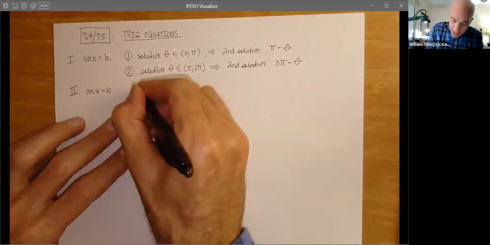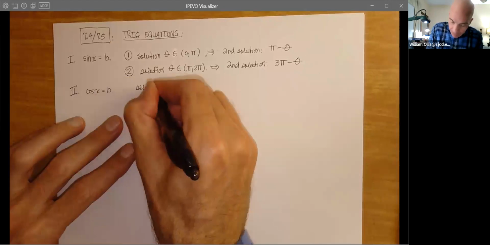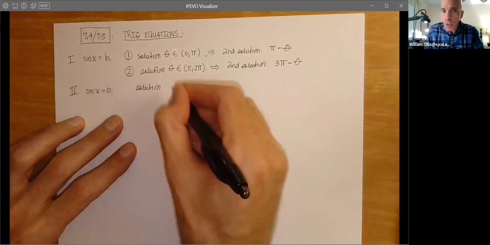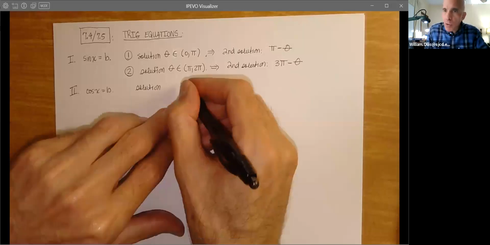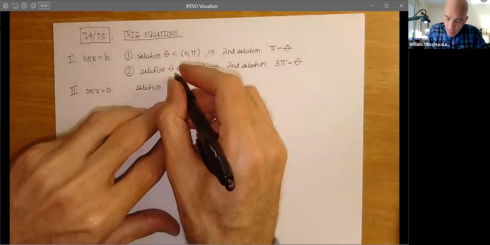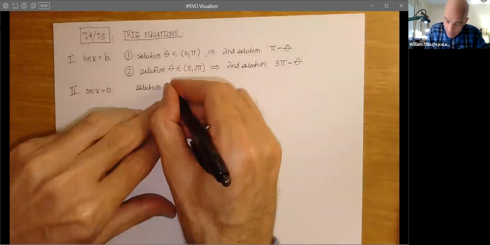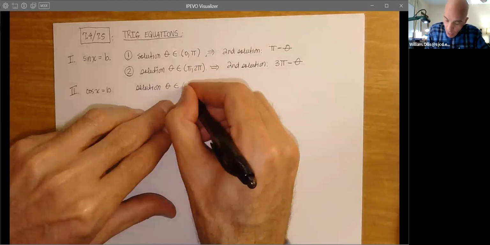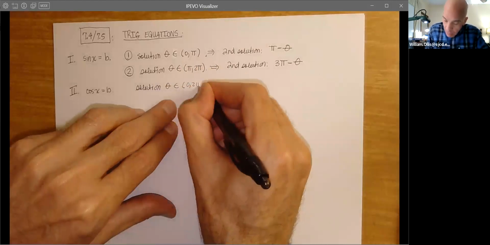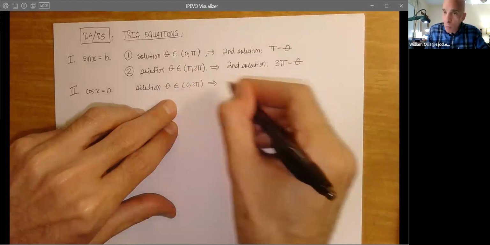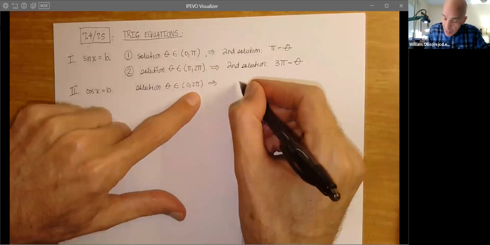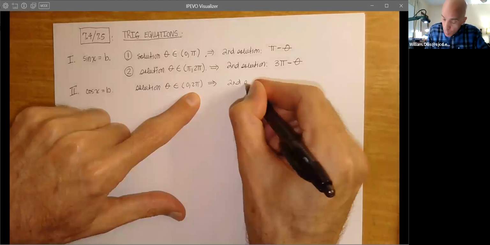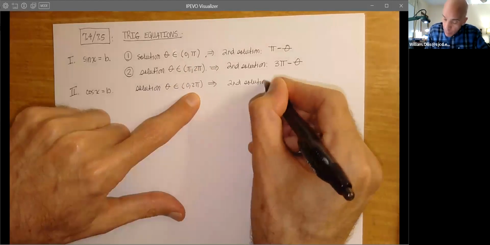So if we have a solution, we don't even have to look at upper and lower arc because the cosine function is even. If we have a solution theta in 0 to 2 pi, again, cosine is not 1 to 1 here, then we can get the second solution just by subtracting the first solution from 2 pi.